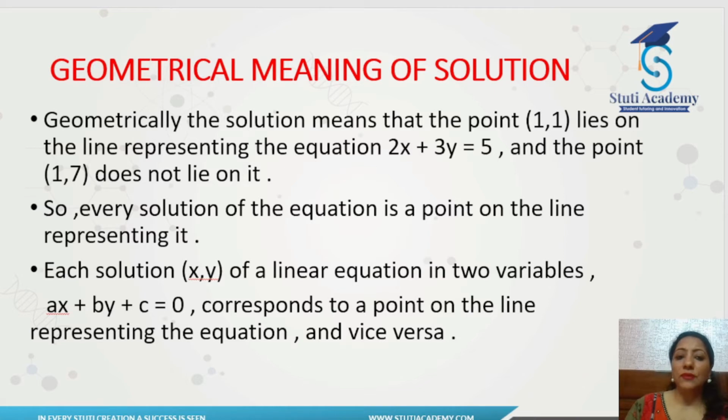The point (1, 7), which is not a solution, is going to lie somewhere outside the line. So if you have a solution for a particular equation, it is going to lie on the line, and vice versa also. All the points which lie on the line are solutions of the equation.